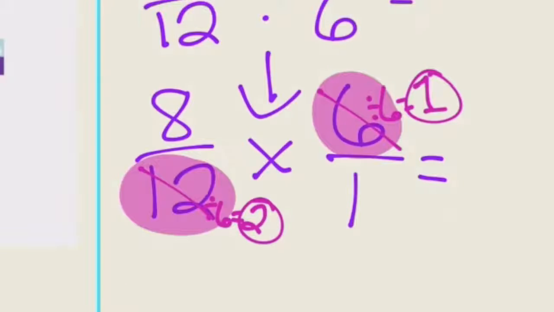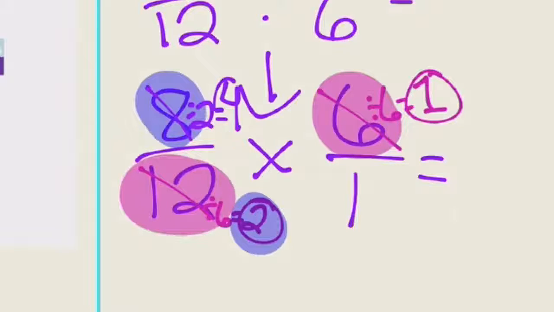Now you can also see that there's actually a second pair of factors here, which are 8 and my new 2. 8 and 2 are both divisible by 2. So if I divide them both by 2, my 8 becomes a 4, and my 2 becomes a 1. So I'm going to cross off my 8 and 2 and write 4 and 1.